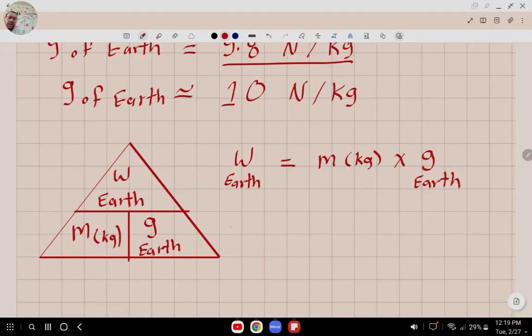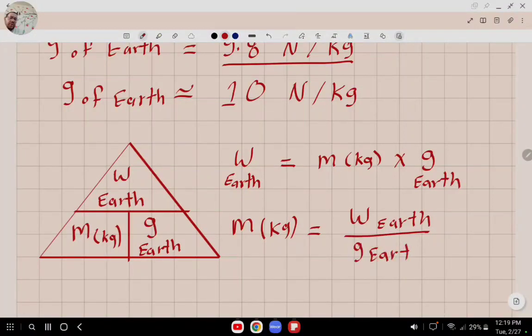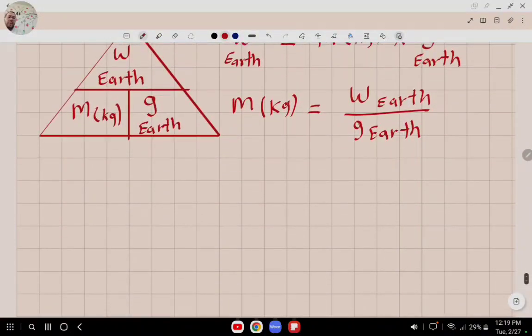If you want to find the mass of the object in kilogram, you have to divide the weight on Earth by the G on Earth. And the last one, of course, G on Earth.